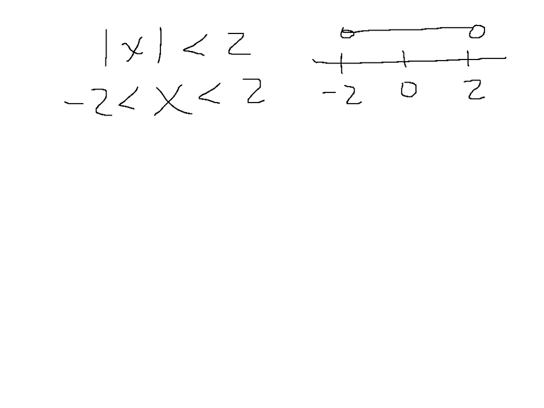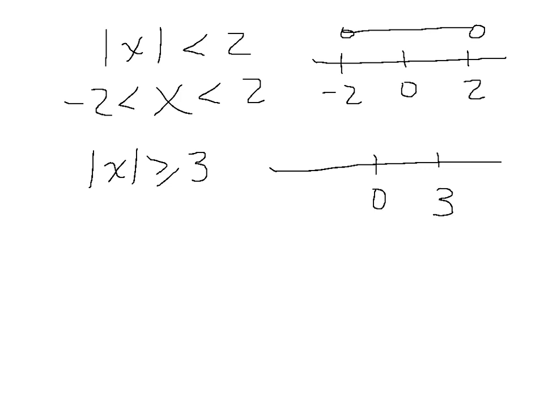And if we ask, where is the absolute value of x greater than or equal to 3, well, where are the numbers whose absolute value is greater than or equal to 3? Let's draw it first. So one place where absolute value can be greater than or equal to 3 is there, and the other place is there.